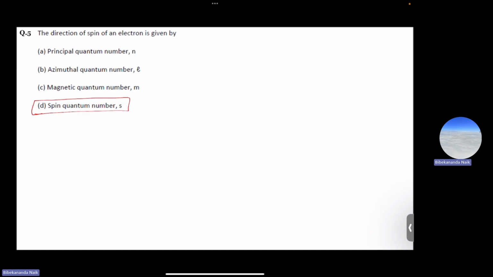And also we know for an electron the value of s is half, and for a particular value of s we have 2s plus 1 ms values.